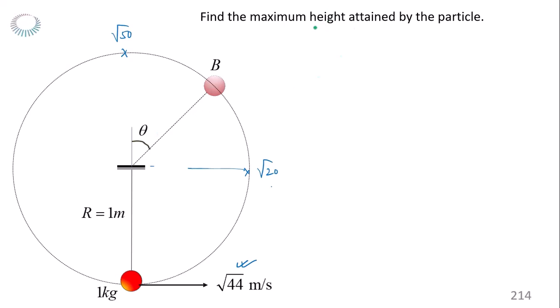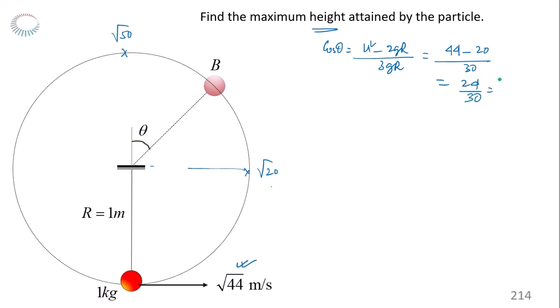Now you are asked to calculate the maximum height. For that you have to calculate cos theta. So cos theta should be equal to u square minus 2gr divided by 3gr. This is the formula. What is u square? u square is 44 minus 2g, r is 1, so 24 by 30.